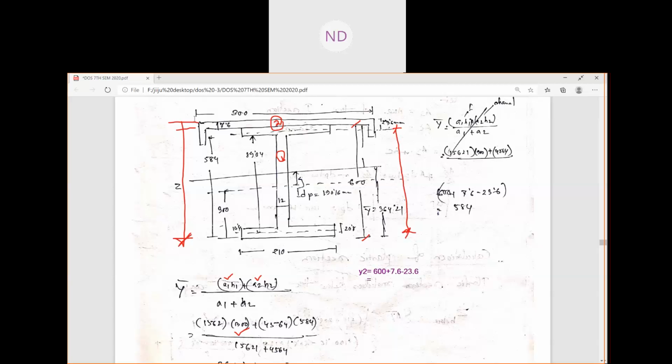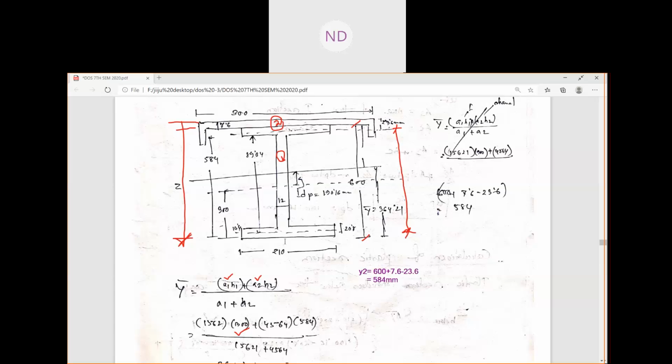We have considered this 600 plus this 7.6 here, so we got the total depth of the built-up member from the bottom. Then we subtract the CG of the channel section so that we get the distance of this CG from the bottom. So this is 584 mm. You see here, this is 584. So that is the H2.